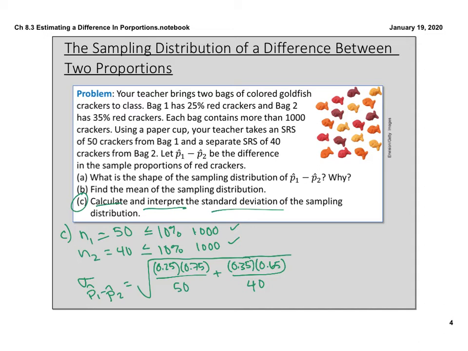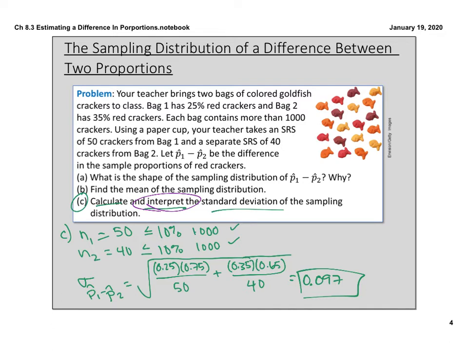Then I'm going to arrow up, and I have a calculator that I can arrow up and hit enter on things, which makes it a lot easier because you don't have to retype a lot of stuff. So I'm going to add those two things together, then take the square root of the second answer, and I get 0.097. So my standard deviation there is 0.097.